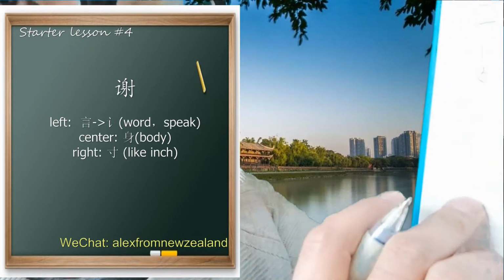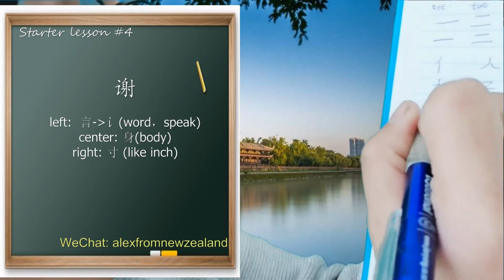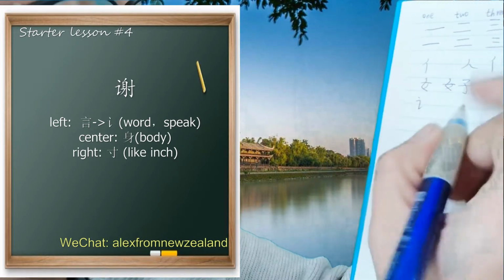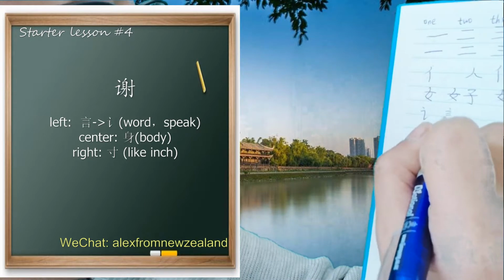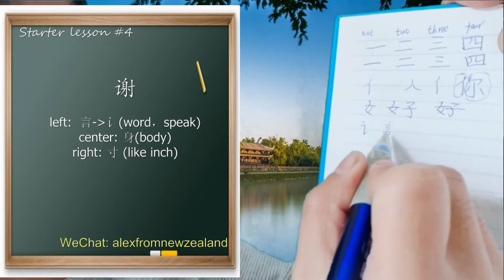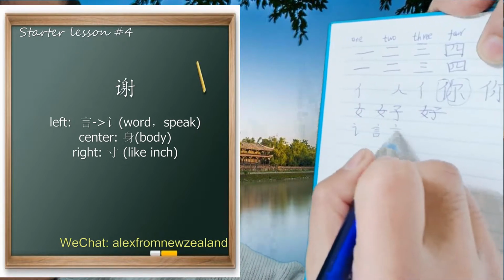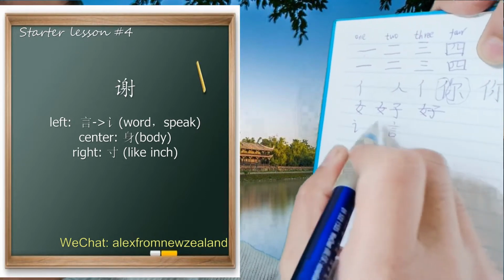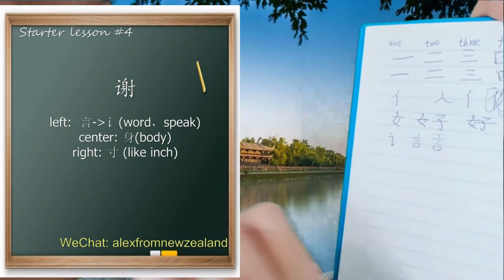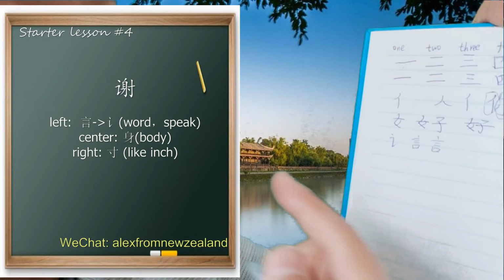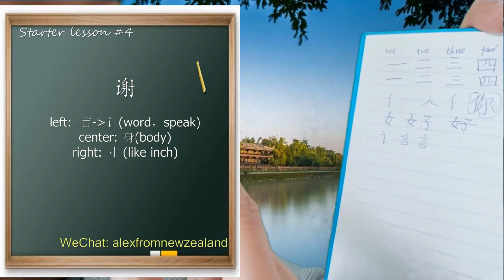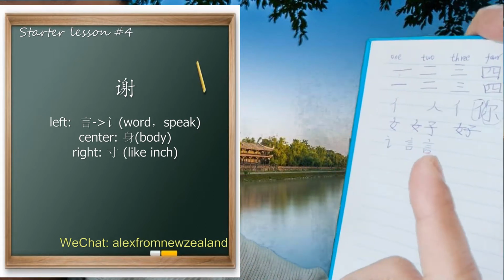The left part is called 言字旁, 言 component. Originally, it looks like this one. This character is a real Chinese character. It means words or speak, talk, right? So 谢, you speak 谢 to the other party.